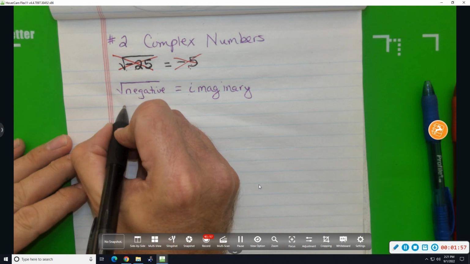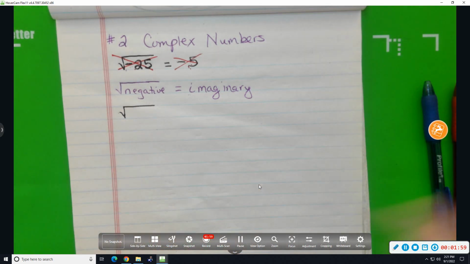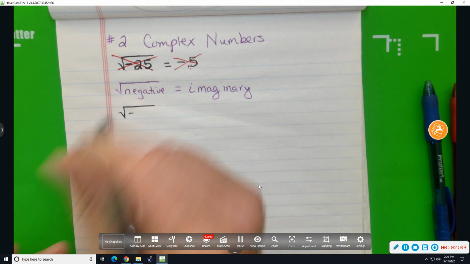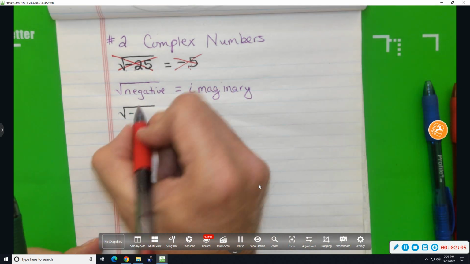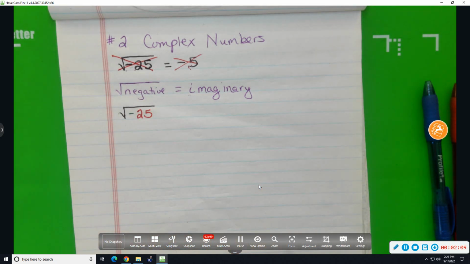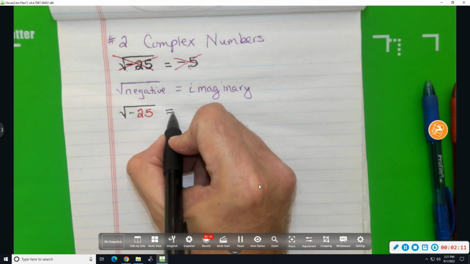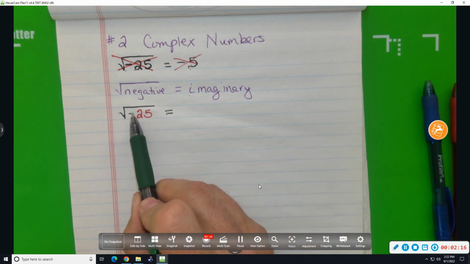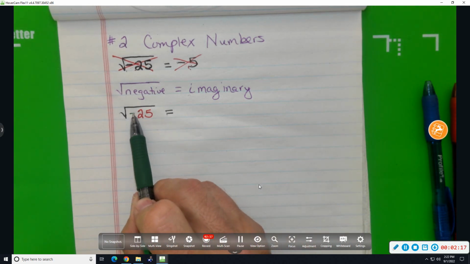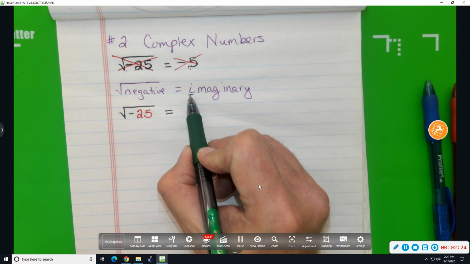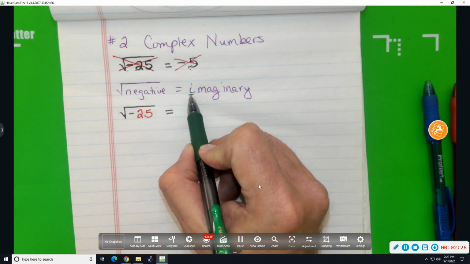So let me go back to that square root of negative 25. Here's how we'll simplify that. Whenever we see a negative under a square root, we're going to think of that as an imaginary number and use a lowercase i to denote it.